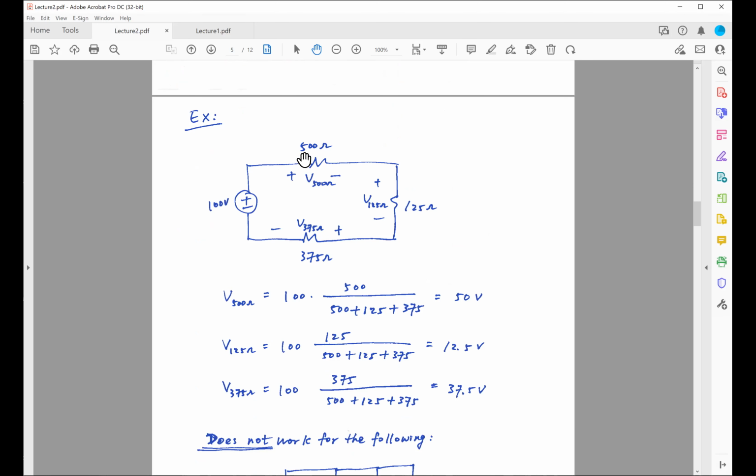The sum is 500 plus 125 plus 375. So you do the math, and this is going to give you 50 volts.